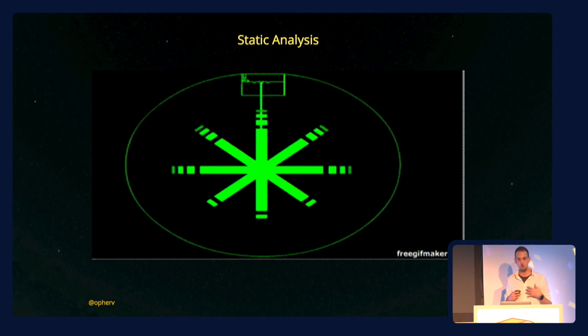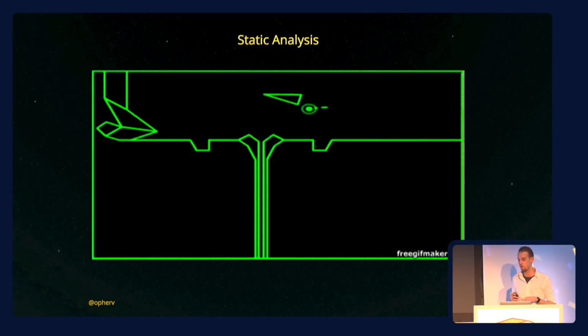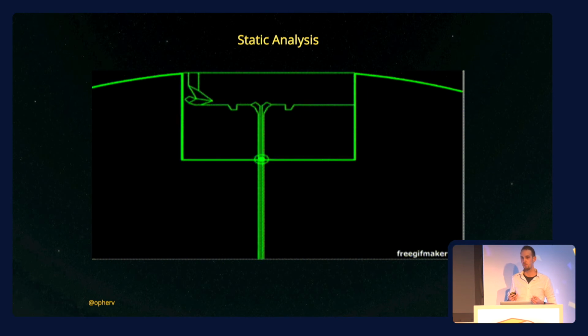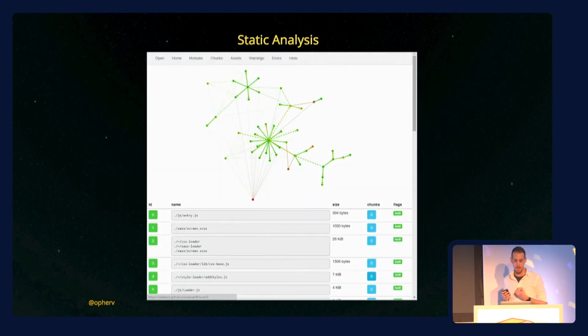So you can take a look at what exactly was created at compile time. Webpack has this tool that allows you to look at the output of your bundles, of what was made during a compilation phase, and exactly see what was going on. Which module needed which module, which dependency led to which dependency, and also the sizes of these dependencies.